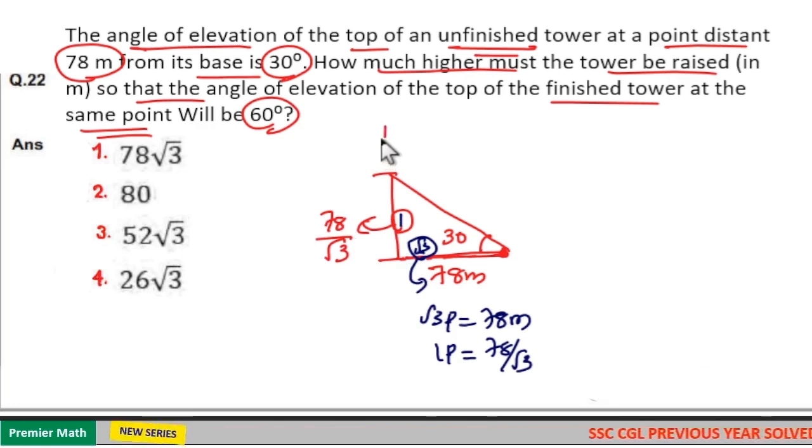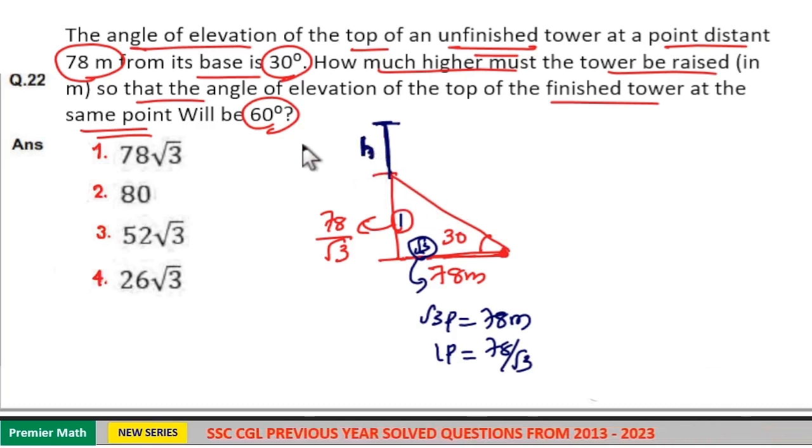Now this tower should be raised to a height h. Now this is the new height of this tower. Now how much height it should be raised so that angle of elevation of top of finished tower at the same point will be 60 degree.